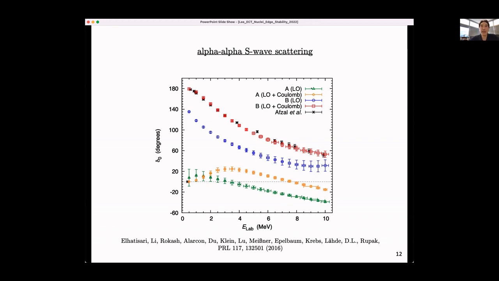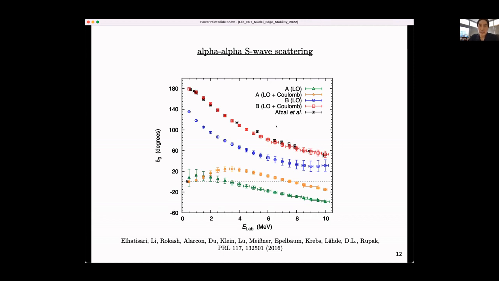For interaction A, let's just look at the data with the Coulomb included. For A, we get these diamonds here, and they're quite a bit different from what we get with the empirical data, which are the asterisks. The horizontal is the lab energy, and this is the S wave phase shift, whereas interaction B is pretty much on top of the empirical phase shifts.